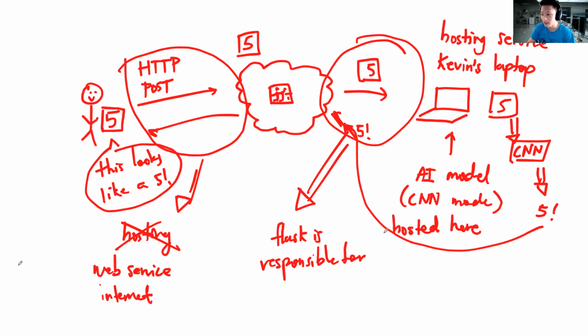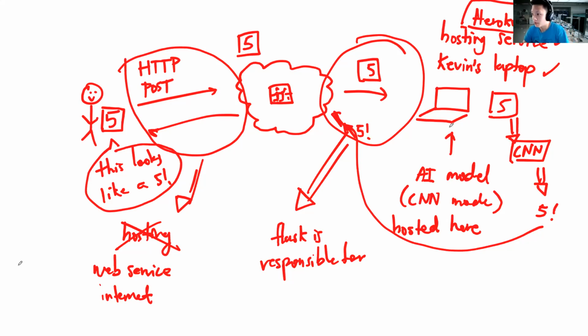Then you have Flask that is responsible for sending messages between your computer and the internet. And finally, you have the computer that's actually running the code. In my case, I might be running it on a laptop, or in other cases, there might be a hosting service here. One such service is called Heroku. Heroku is a hosting service for websites and stuff, and it's often a choice that people like to use when they want to host APIs.